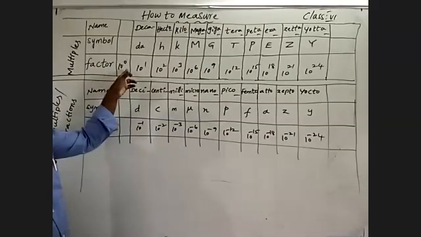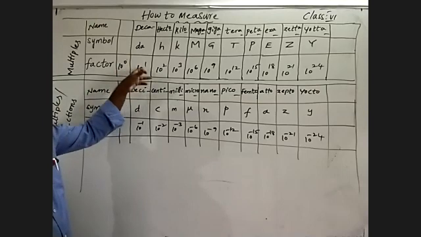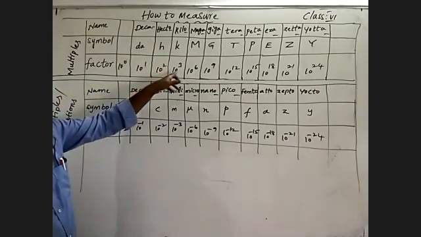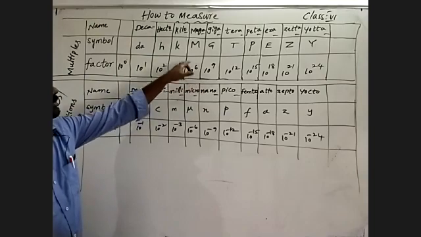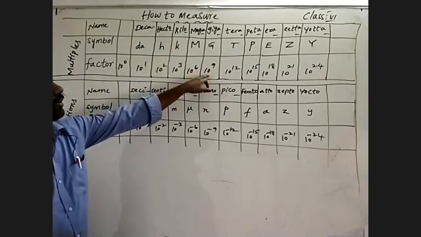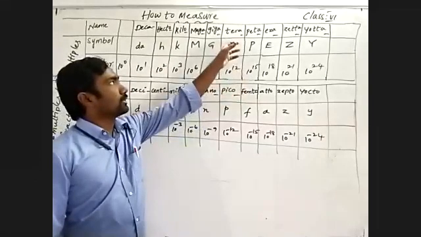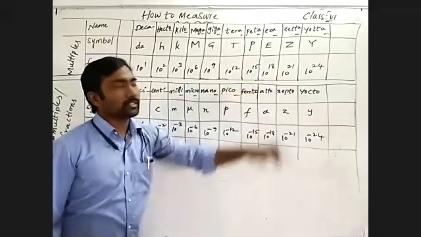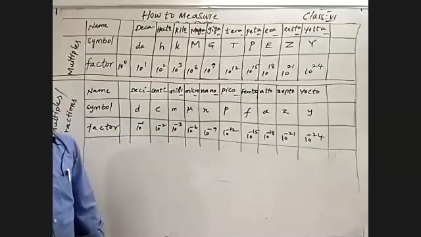What are the factors we wrote? 10 to the power of 1 for deca, hecto, kilo, 10 to the power of 6 for mega, giga 10 to the power of 9, 10 to the power of 12 for tera, and finally yotta is 10 to the power of 24.